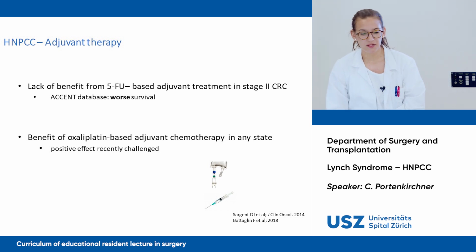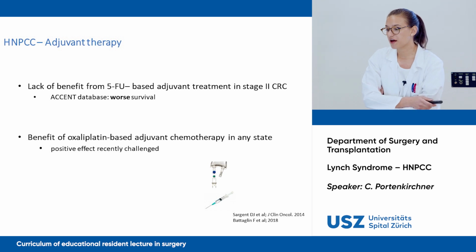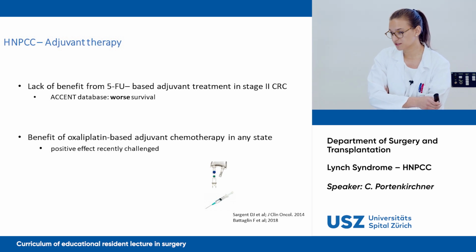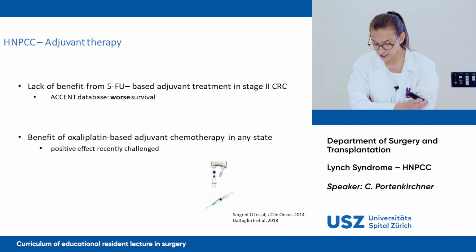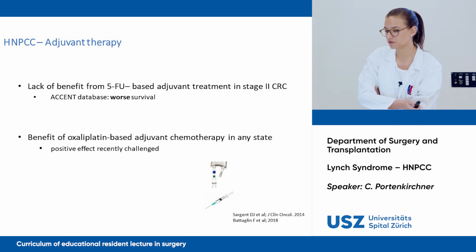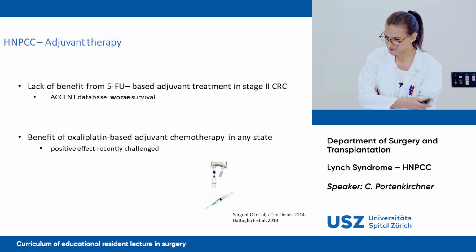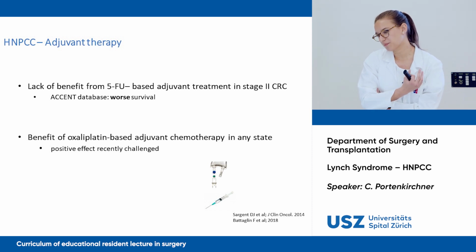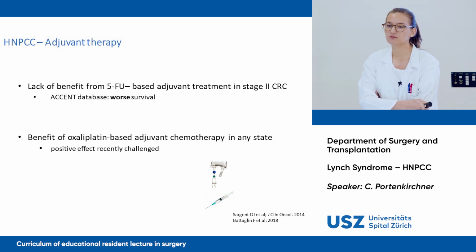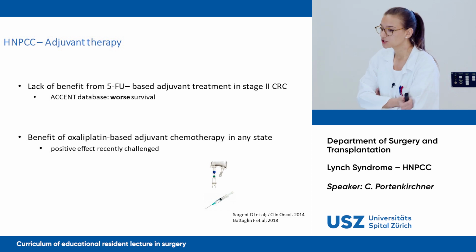Adjuvant therapy. There is a lack of benefit from 5-FU-based adjuvant treatment in stage 2 colorectal cancer. A trend is even towards worse survival, as also mentioned in the ASCENT database. In stage 3 tumors, there are some data saying that there is a benefit, but there is also data saying that there is a lack of benefit of the 5-FU-based treatment.